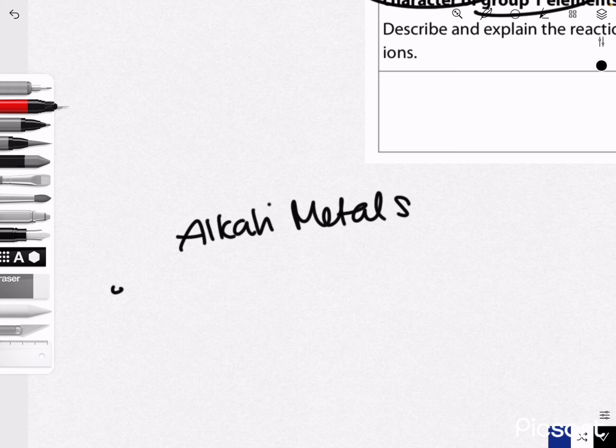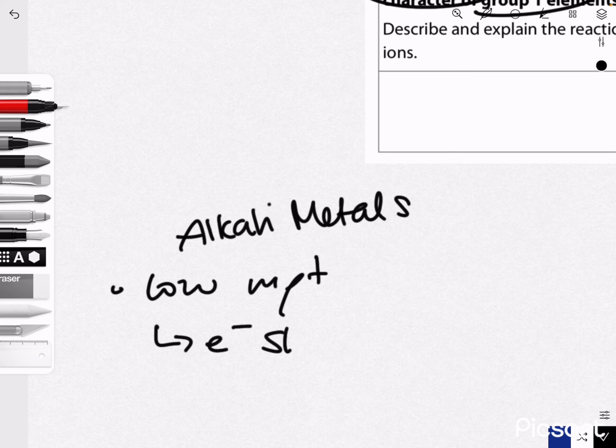So alkali metals, these have low melting points due to electron shielding and decreased nuclear attraction.